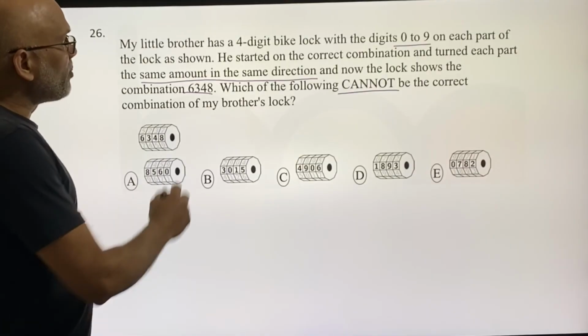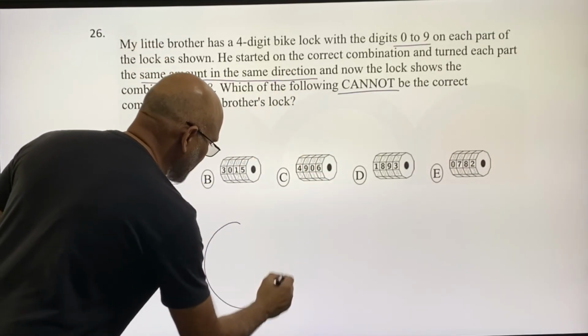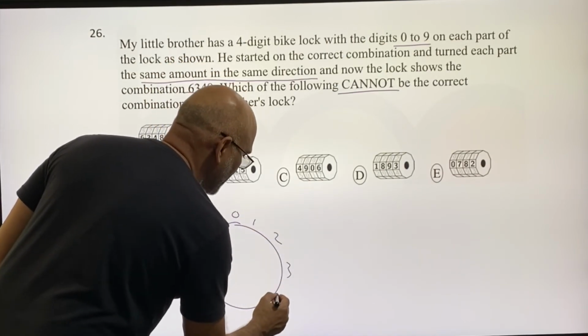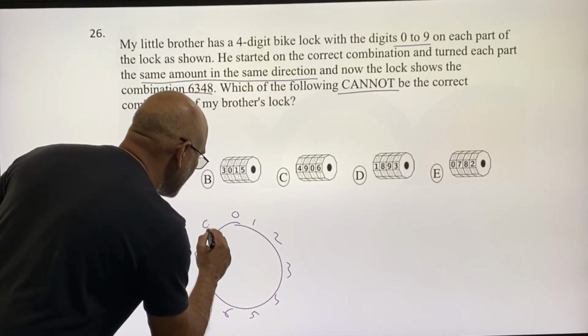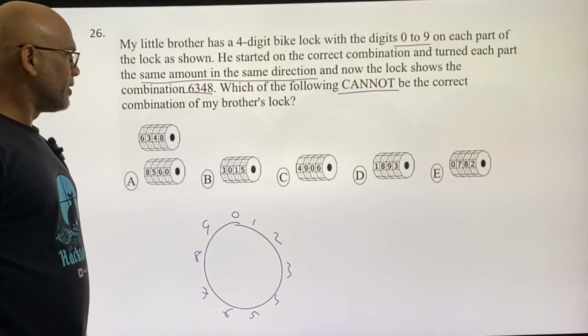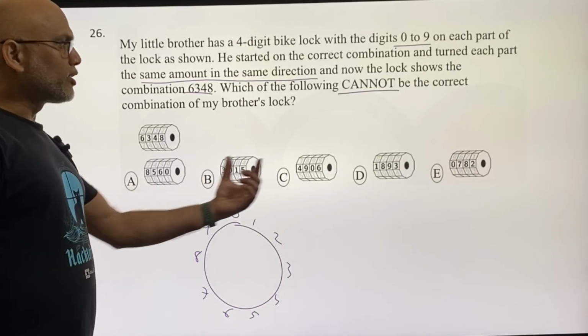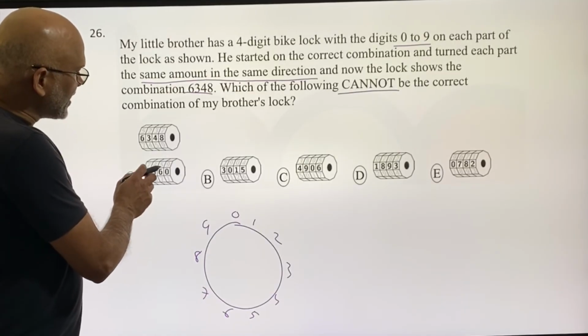All right, so the numbers go from 0 to 9, then again 0. So let me write that down. It will be useful. 0, 1, 2, 3, 4, 5, 6, 7, 8, 9, and then 0 again, like that, right? So basically, we can check each of the choices one at a time. So let's start with 8, 5, 6, 0.